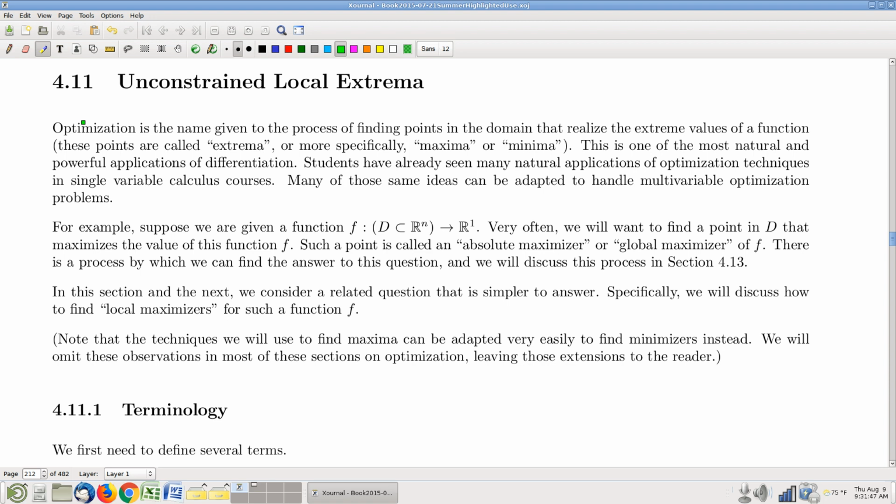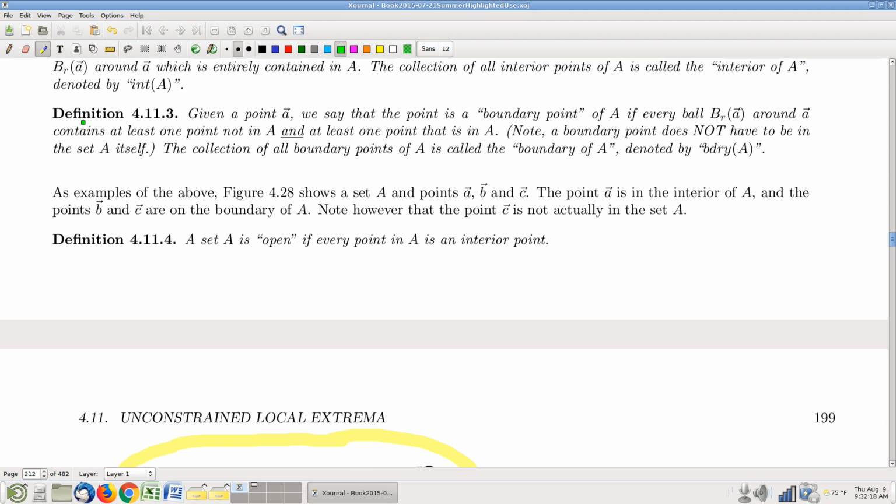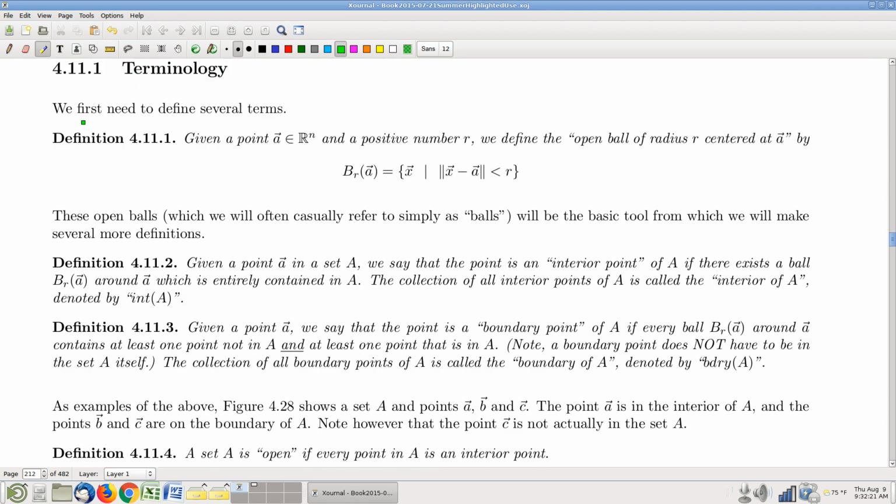A lot of the work that I go to, especially in sections 4.11 and 4.12, goes to trying to unify two different algorithms: the way you find what I'm going to momentarily call interior critical points, and the way you find boundary critical points. They're different algorithms, but deep down, they're based on the same fundamental idea. I spent a bunch of time in here discussing what unites them and making that all precise. It's just not something we have time for right now. So, skipping all this stuff that you don't need to worry about.